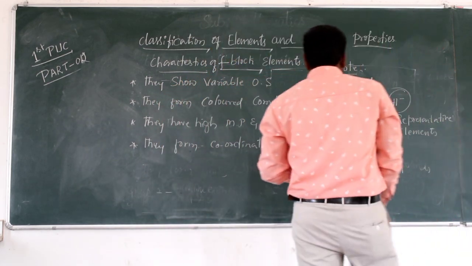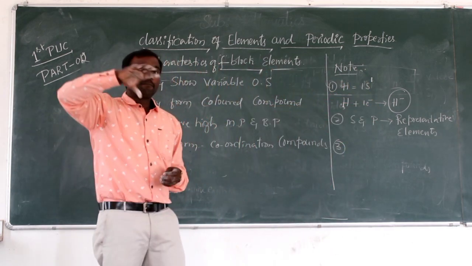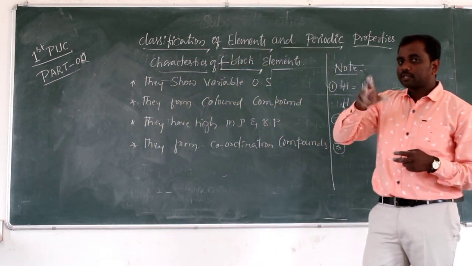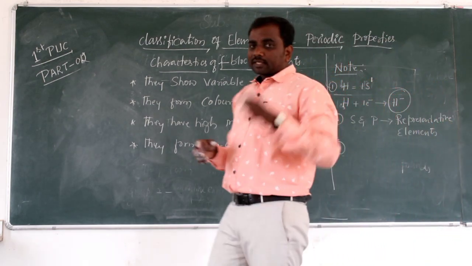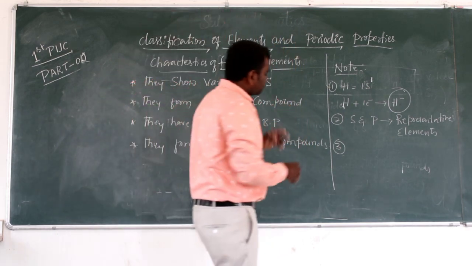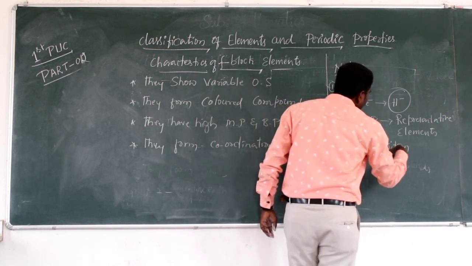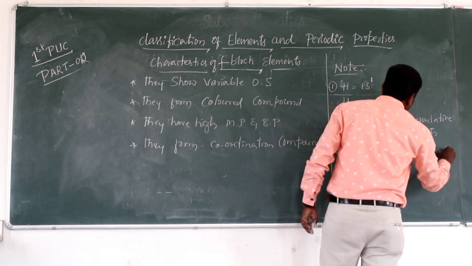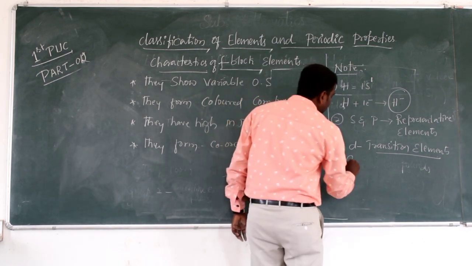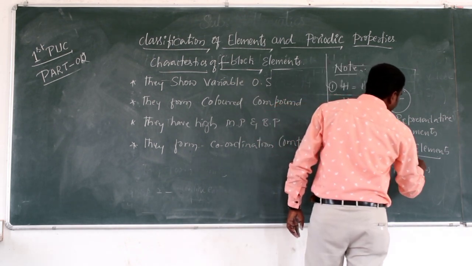And the third one is that the D block elements are called transition elements, because the electron transition takes place in between group 1 and 2 and groups 13 and 14.